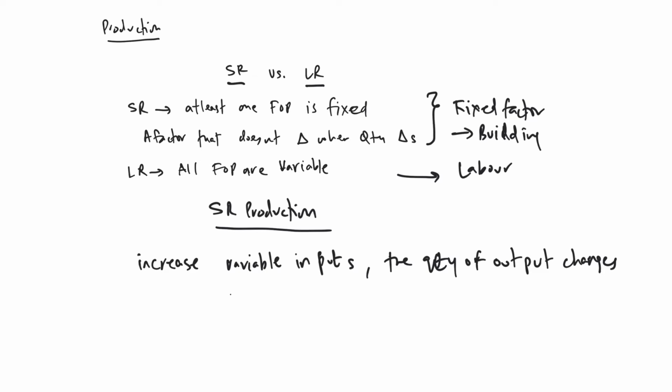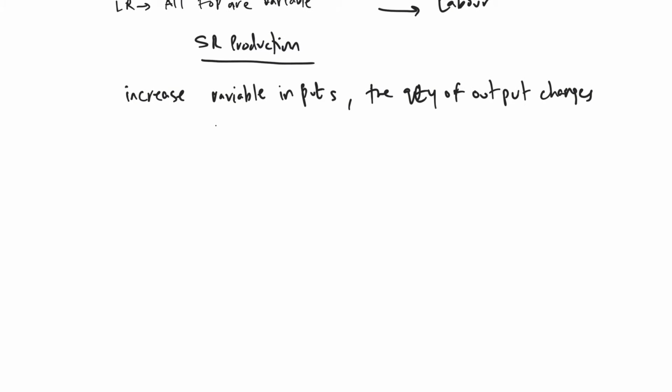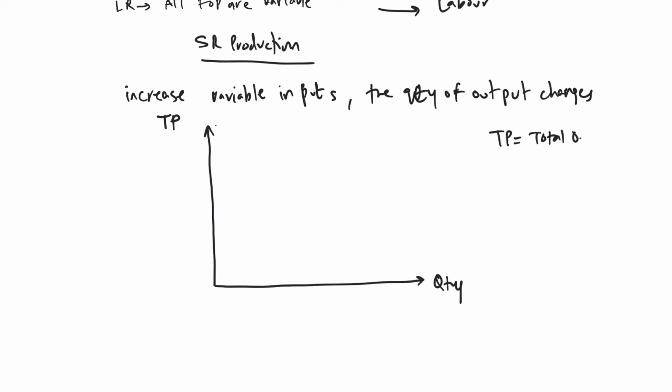So let's say if I want to increase my output, this is what happens. So this is my quantity, and this is my total output, which is also called total product. Total product is simply total output. So what we say is this thing happens. Let's call this Q1, Q2.